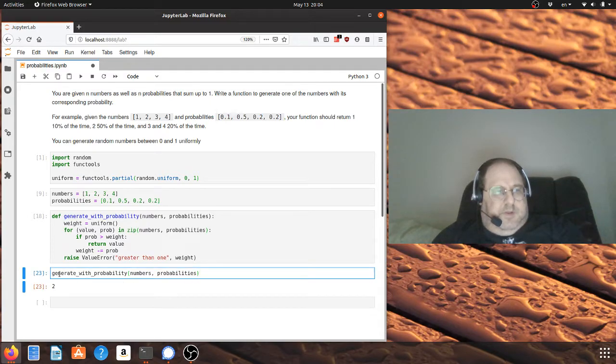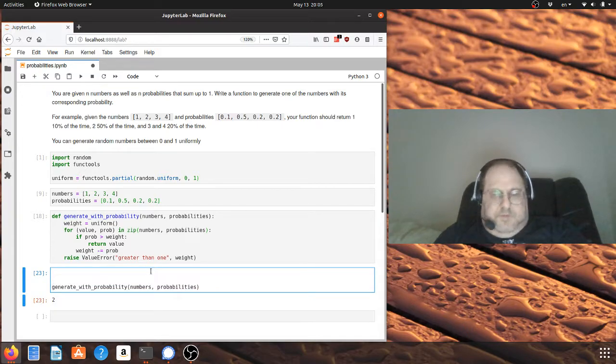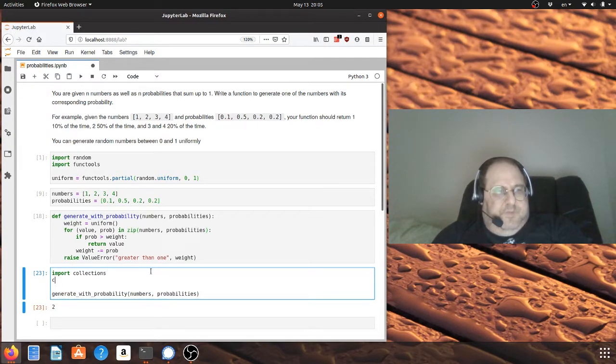so let's do this. Import collections, C equals collections.Counter.